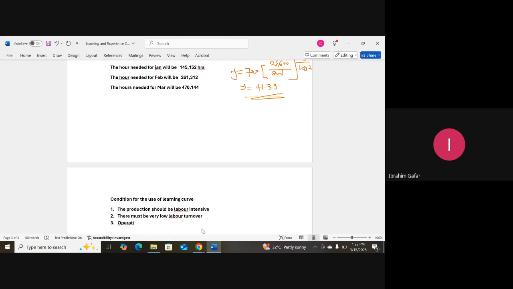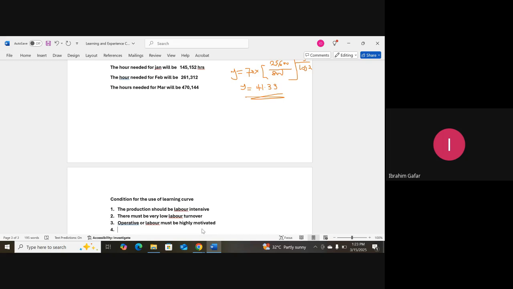If I say operative, what I'm trying to explain here is the workers. The labor must be highly motivated. Operative or labor must be what? Highly motivated.